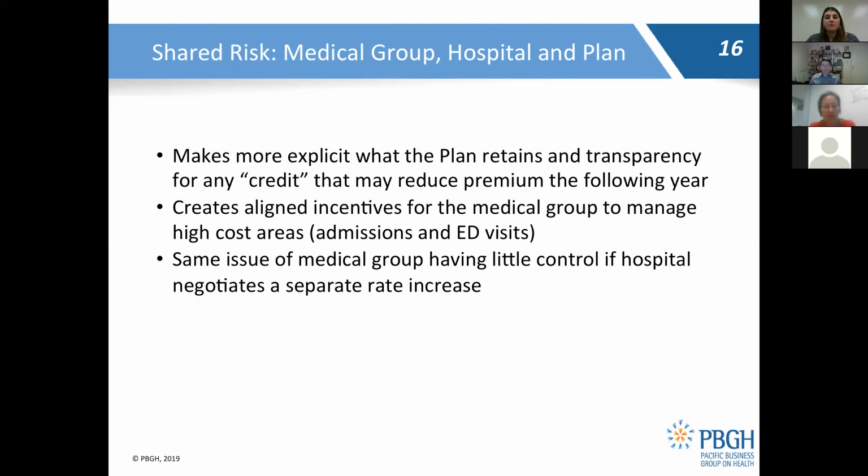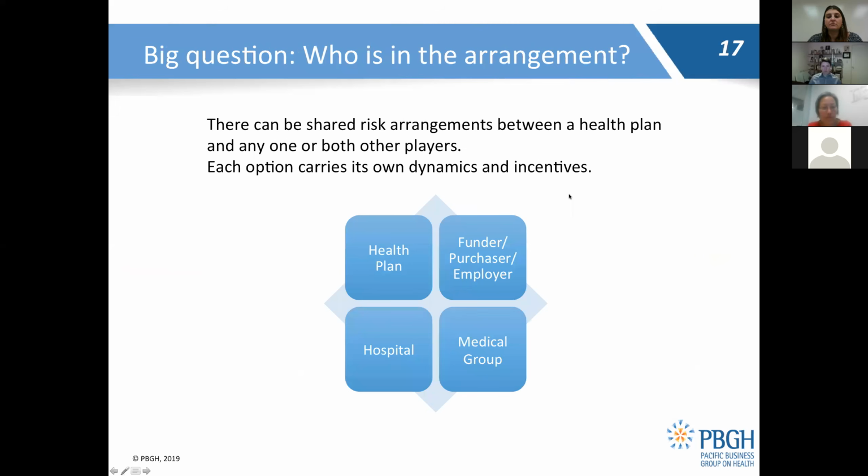These are just some additional items where, if the shared risk arrangement does include the hospital, it makes more explicit the opportunity to align the incentives and to manage to a common goal. Next slide. So back to the original slide of thinking about the partners that are in the arrangement.